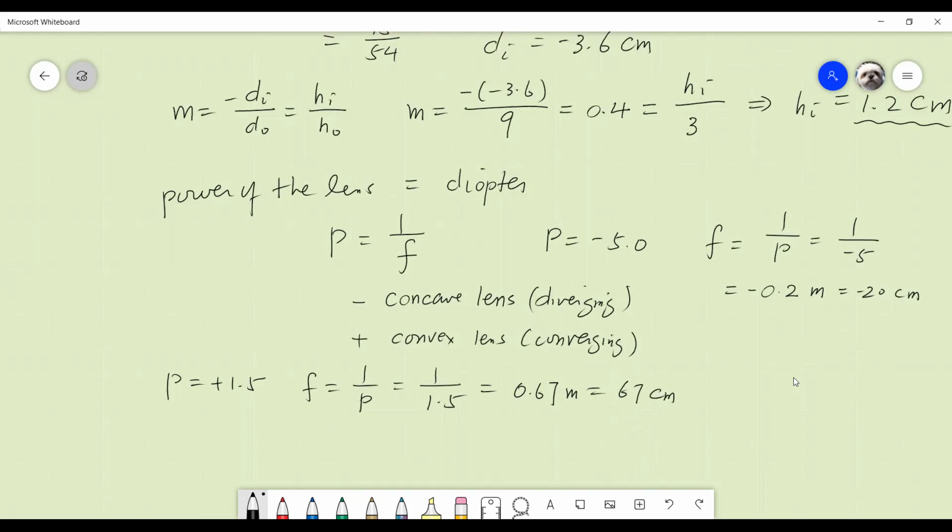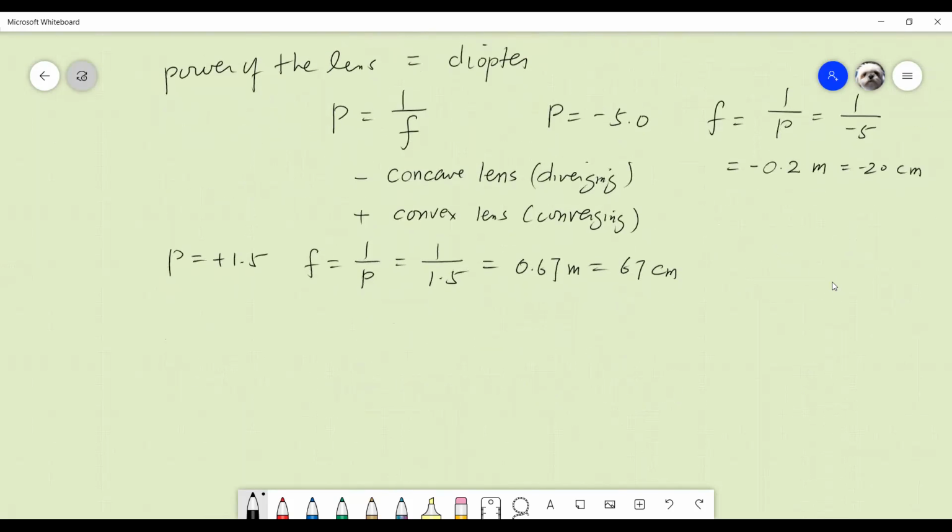Now, when you're working with a lens, I'm going to draw a lens. It could be a convergent or convex lens, or a divergent lens. Keep in mind, remember for the mirror, the image is real when it is on the same side as the object, and virtual if it is on the opposite side of the object.